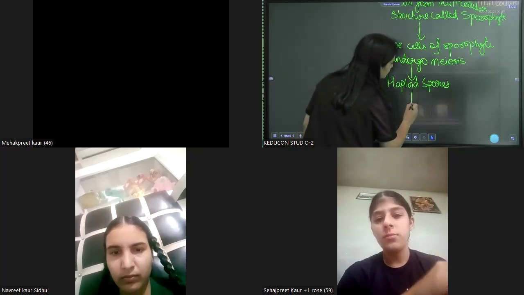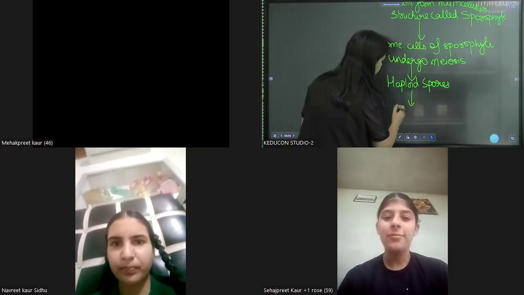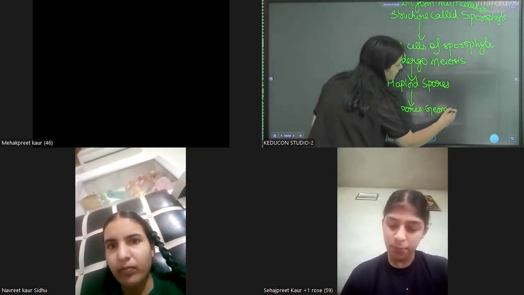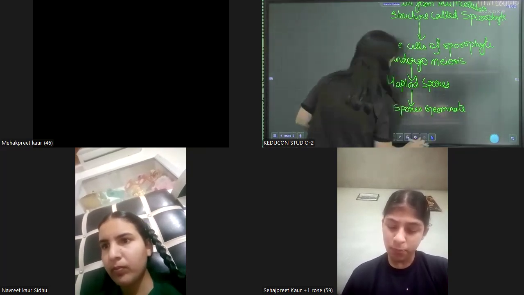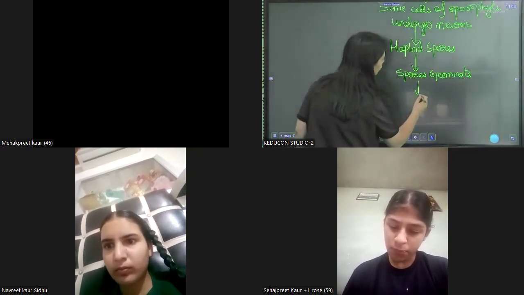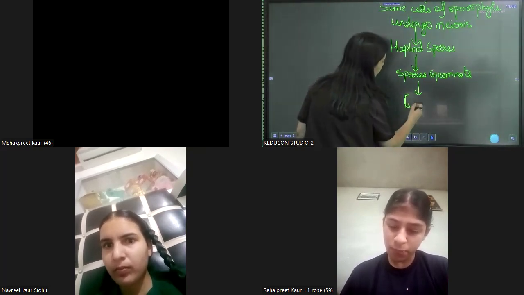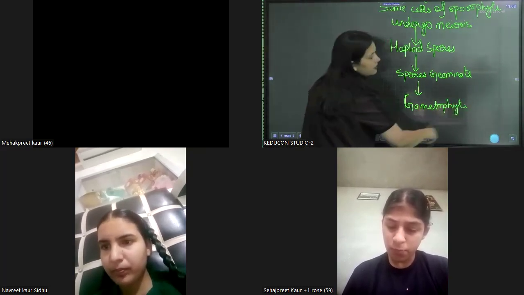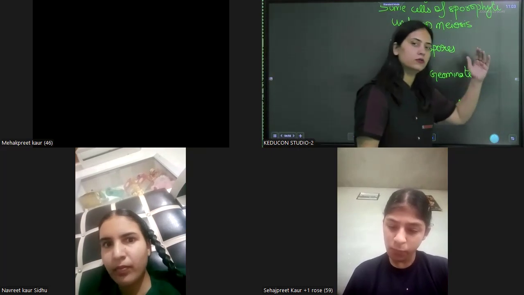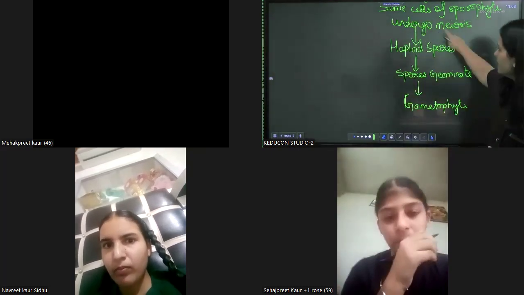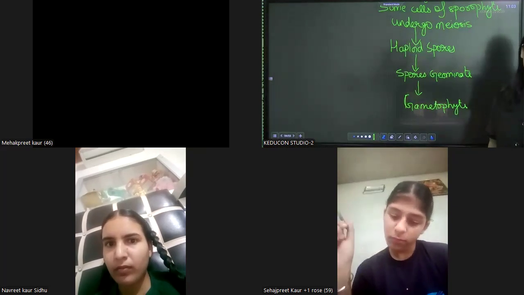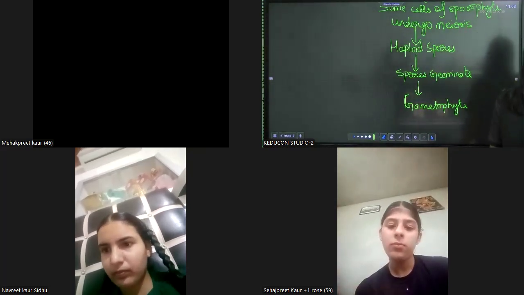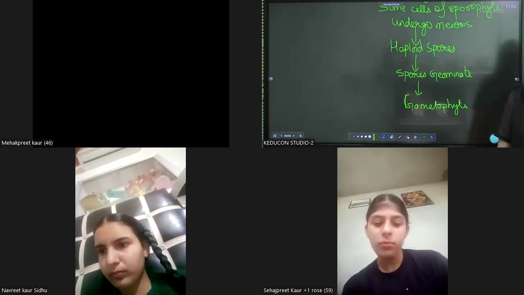These spores further germinate, and when they germinate, they form the gametophyte. So the gametophyte has come again, and our journey starts again. Obviously the gametophyte produces gametes, then fusion happens again, and these cycles keep going. Is it clear? From gametophyte we went to sporophyte, and again came back to gametophyte. Is it clear to everyone?